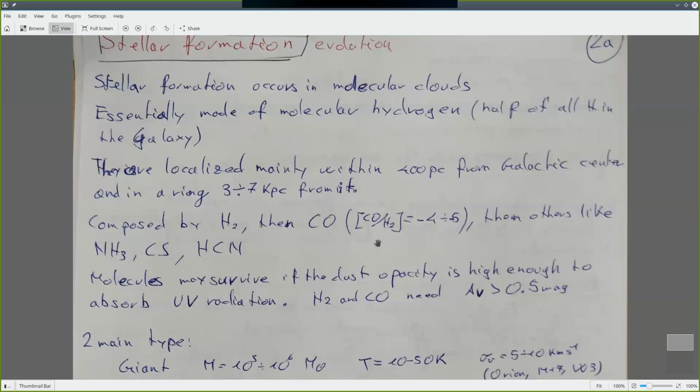This is the main storage for molecular hydrogen. Then there are also some more packed in the polar arms, but mainly it is these two locations.